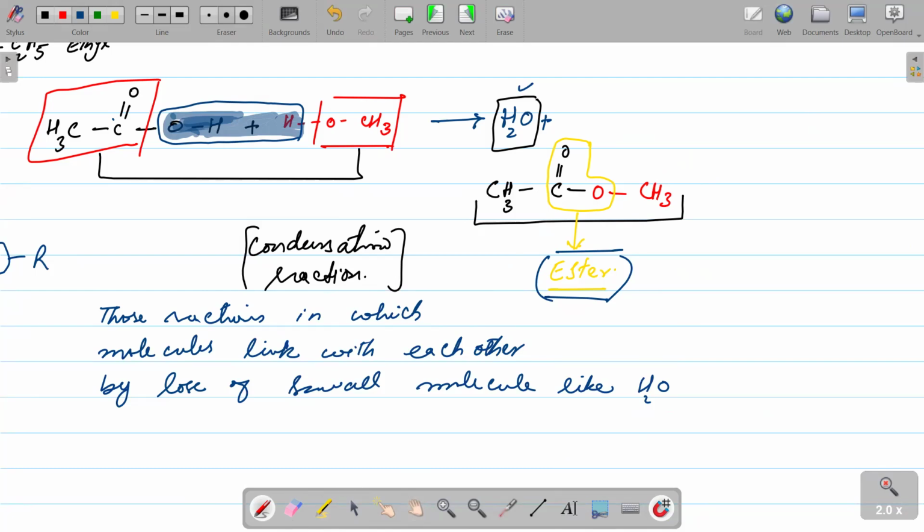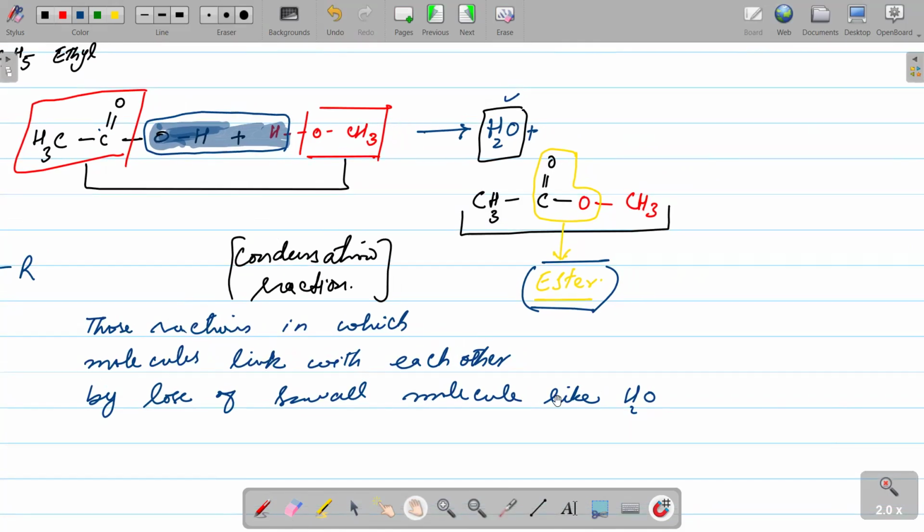Which part came from alcohol? This part, red in color, right? So I am encircling it. This part, methyl, came from an alcohol. So what should be its name? That is methyl, right? And the rest of the part came from carboxylic acid.